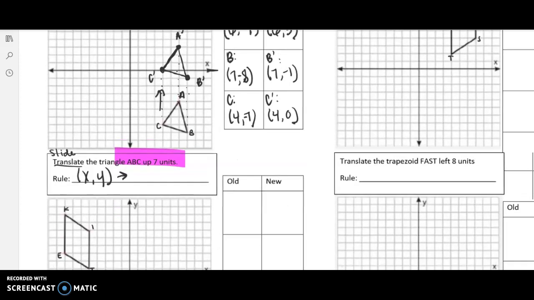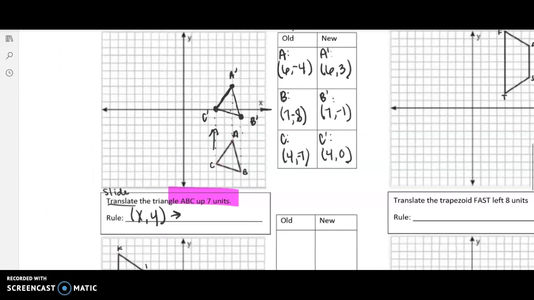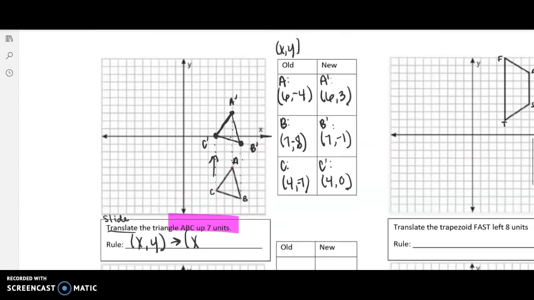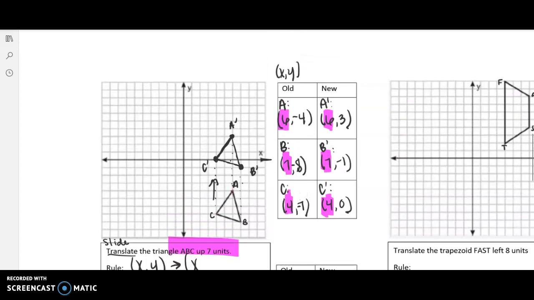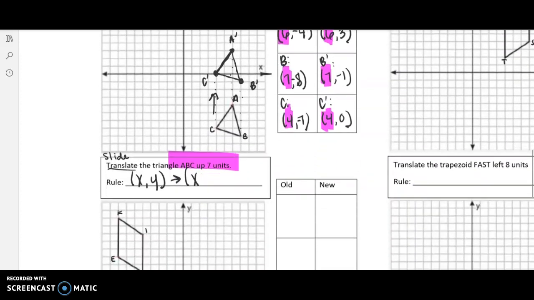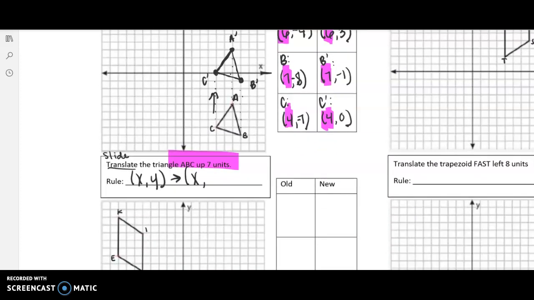So if I was just telling somebody how I moved my figure, I would say X, Y, and then I take my X value, and did my X value change at all? So let's look to see, did my X value change? My X value did not change, so nothing happened to my X value, so I keep my old X value.